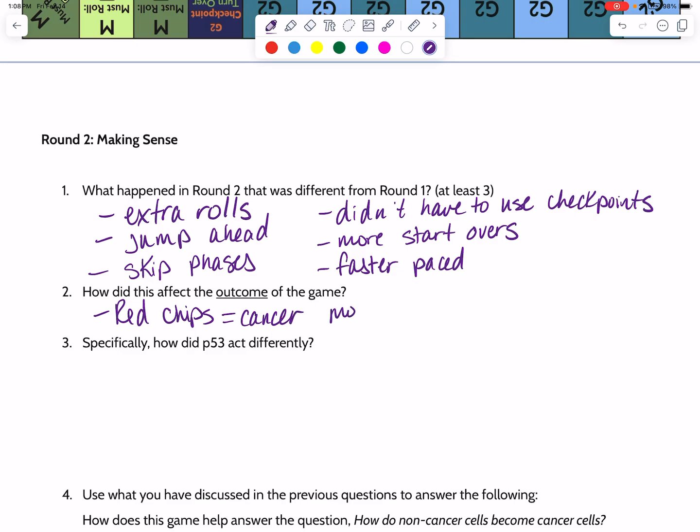And we got more cells overall. Part of that was because you did have more time to play the game, but also part of it was because it was able to move faster and you were skipping forward. So P53 acted differently because it missed some errors.